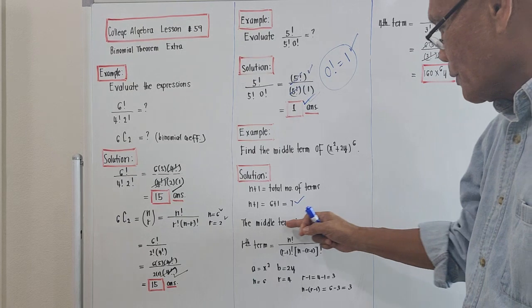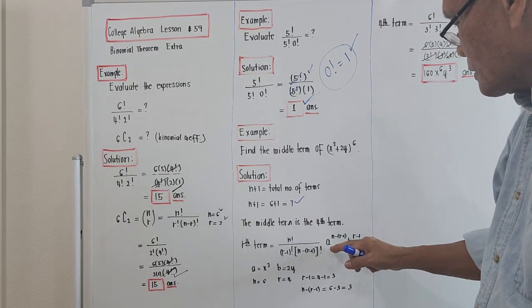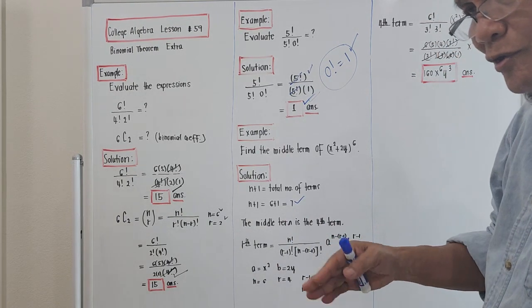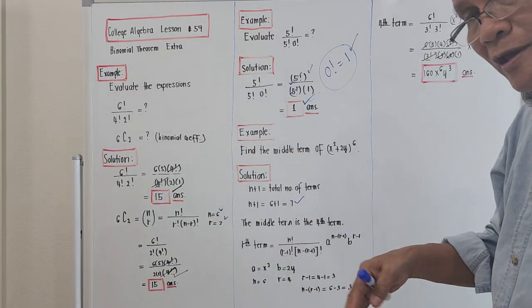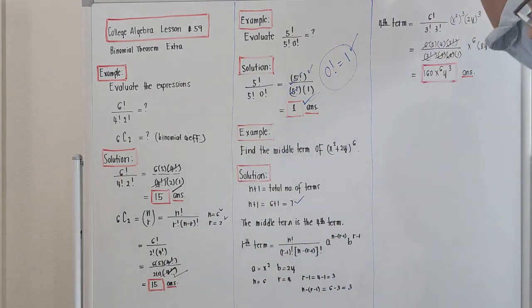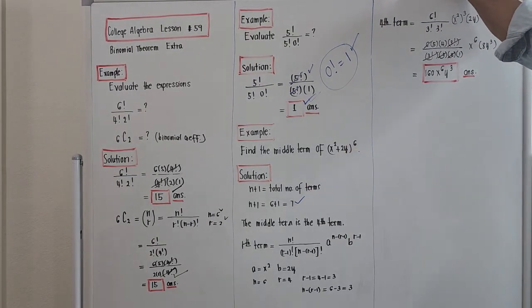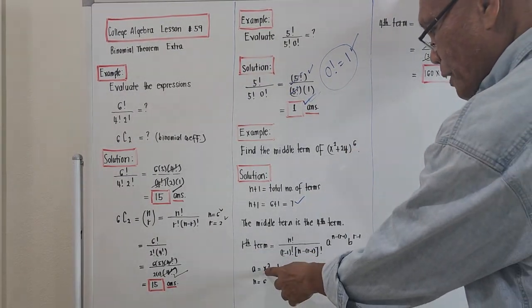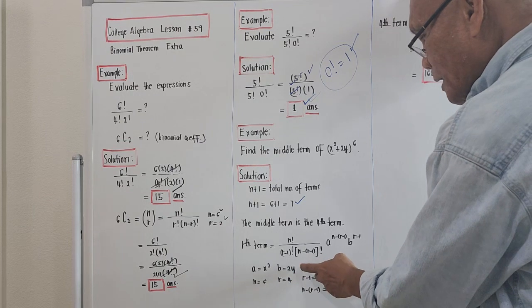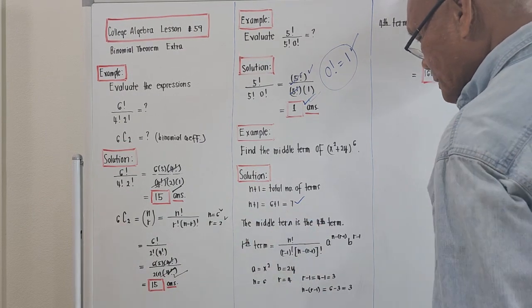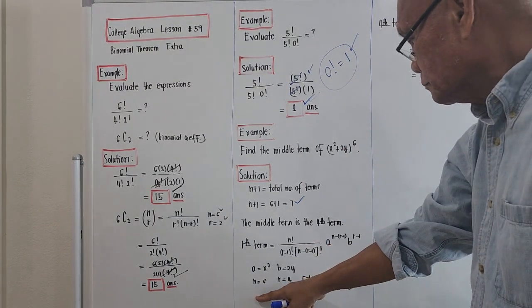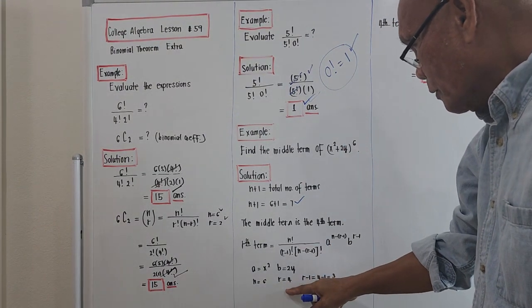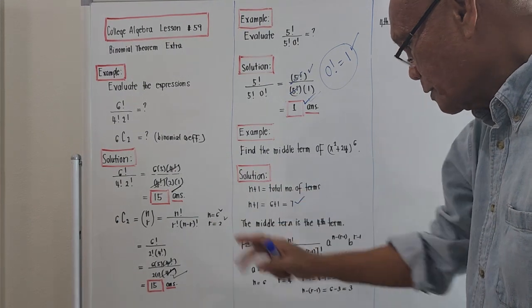This is just the formula, okay? The designation a and b is just a designation in our discussion of concepts, so it could take any value. And here, for the given expression, a is actually x squared, and the second term is actually 2y. And n is equal to 6, r is equal to 4, because we are looking for the fourth term.